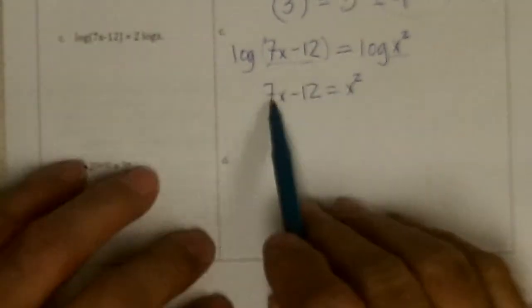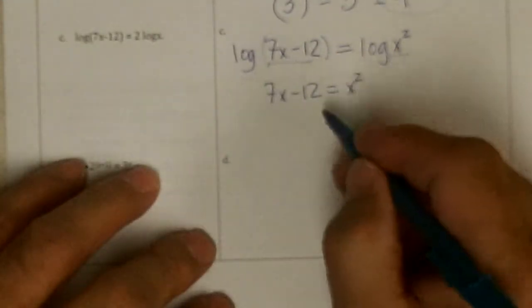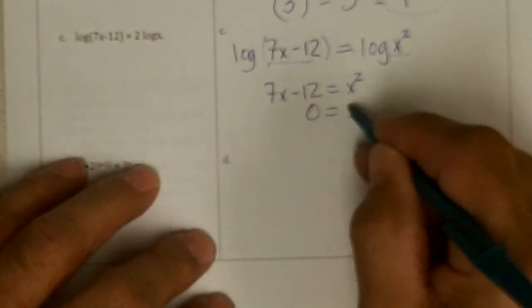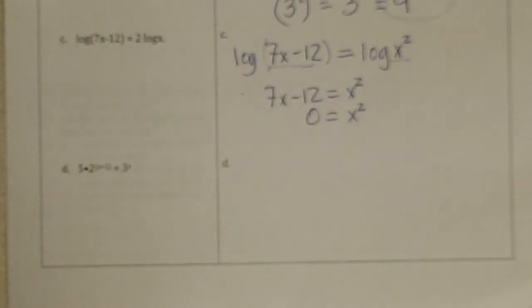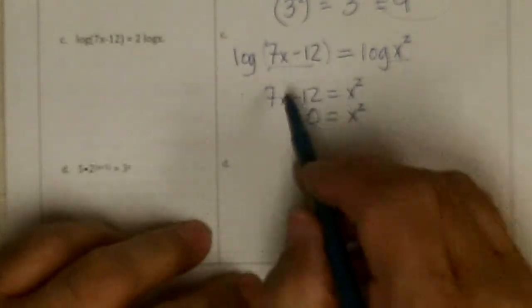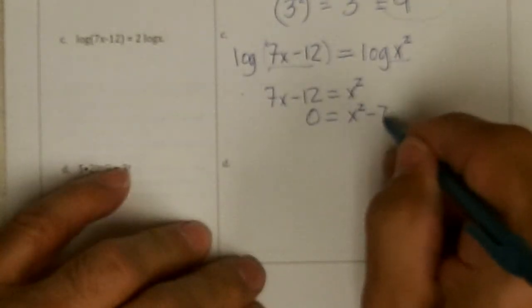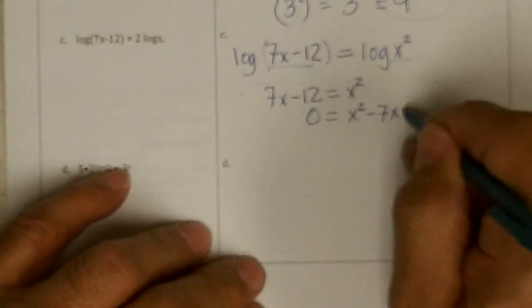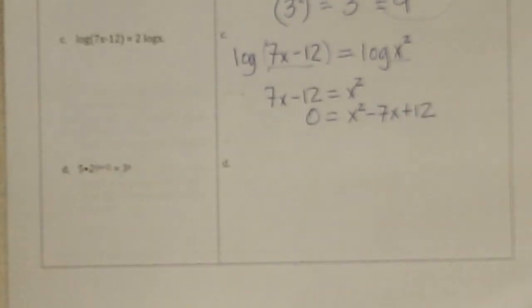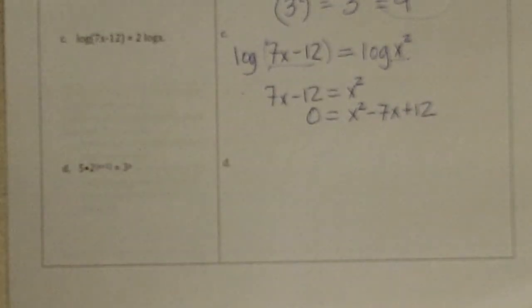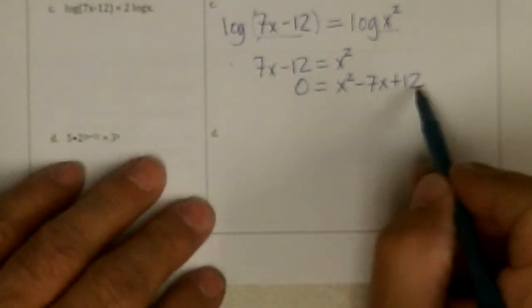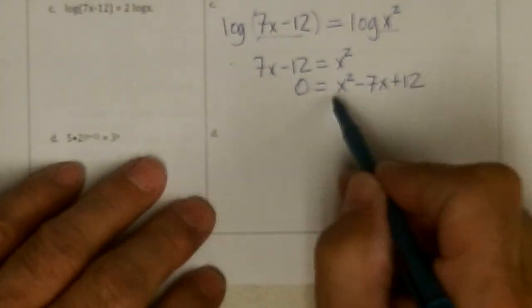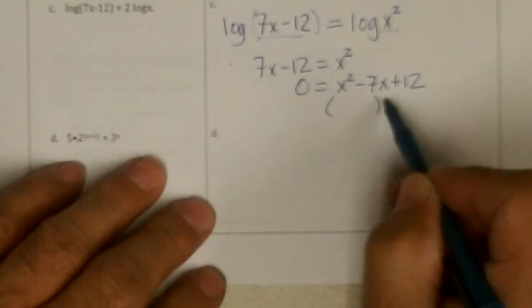And so I'll subtract 7x and add 12 to both sides, so I get it equal to 0, and I get x squared. Now I could have subtracted x squared, but I like factoring with a positive x squared, so I'm going to subtract the 7x, add the 12. This is a quadratic, that's why I got it equal to 0. And I could factor, I could use the quadratic formula, but I'll go for exact answers. And if I can factor it, that'll be the easiest.